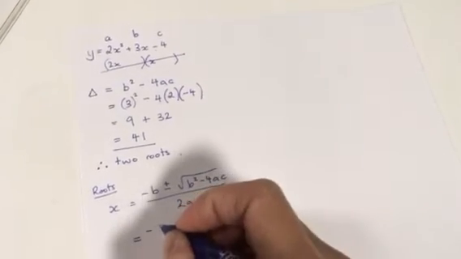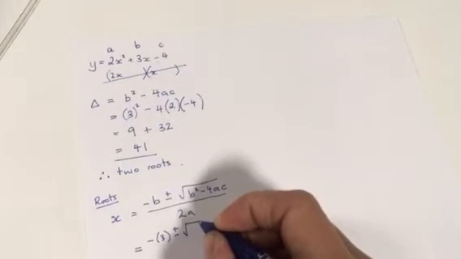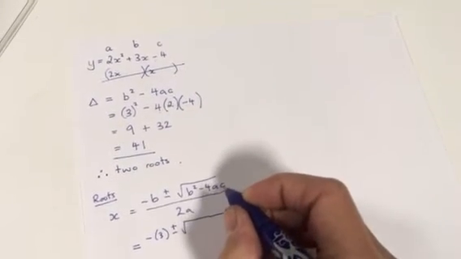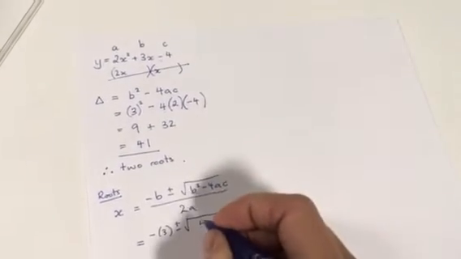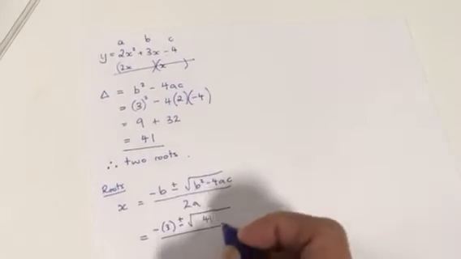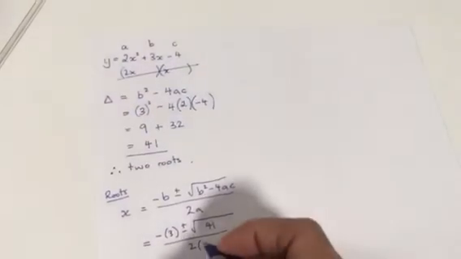So then I can start substituting in my values from my original standard form. Negative b means I've got negative of 3 plus or minus the square root. Now you notice that everything under the square root is what I found in my discriminant. So I can just substitute in the final result, 41, and divide that by 2 lots of whatever a is, in this case 2.